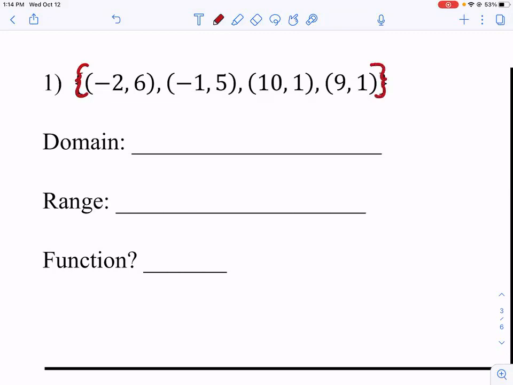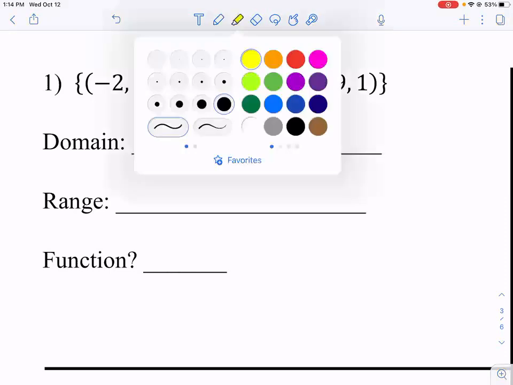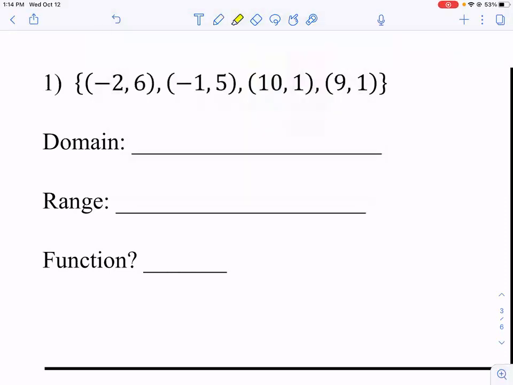That's saying, hey, this is a group. All right. So if I look at this relation and I look at all of the X's, I'm going to write that my domain is -2, -1, 9, and 10.